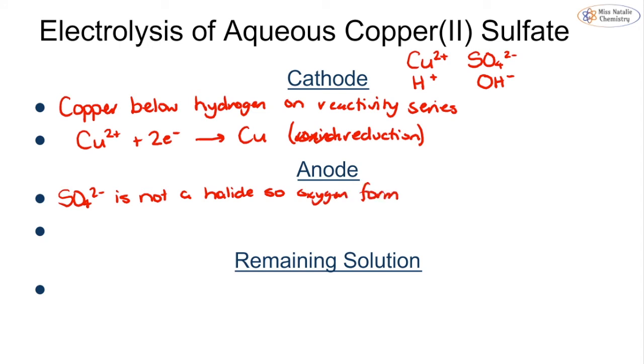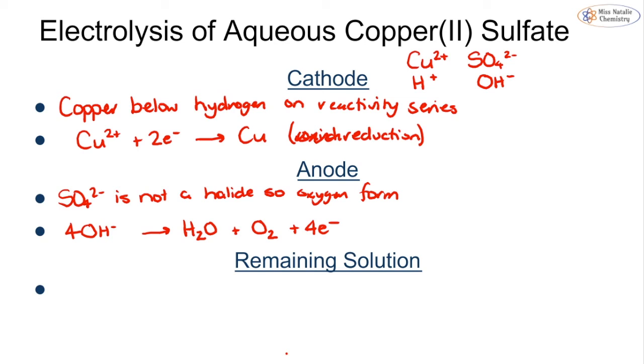And then how do we write that? Well, we have our OH- is going to form, so we have 4 OH- forming water plus oxygen plus 4 electrons.